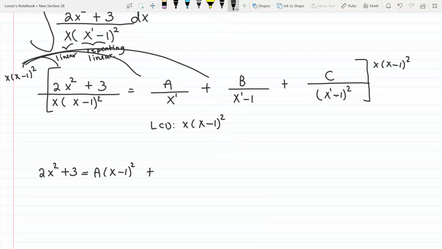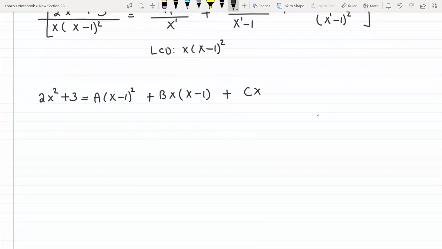The x minus 1. So you're left with B and x, and so you're just left with x minus 1. Plus, over here, we see that cancels the (x minus 1) squared. So you're left with C and x. Okay.